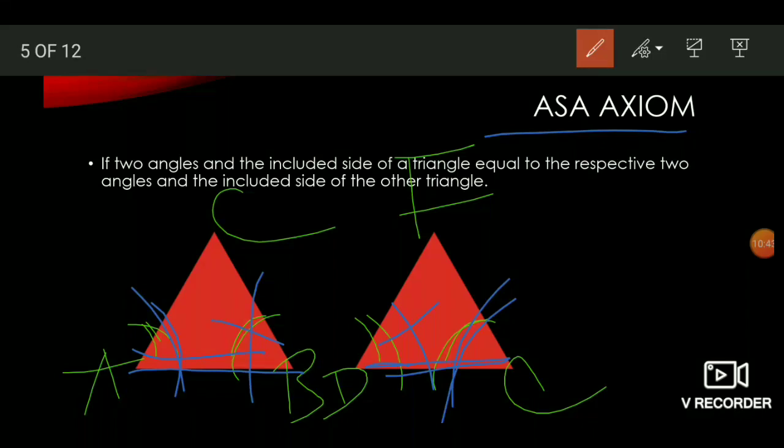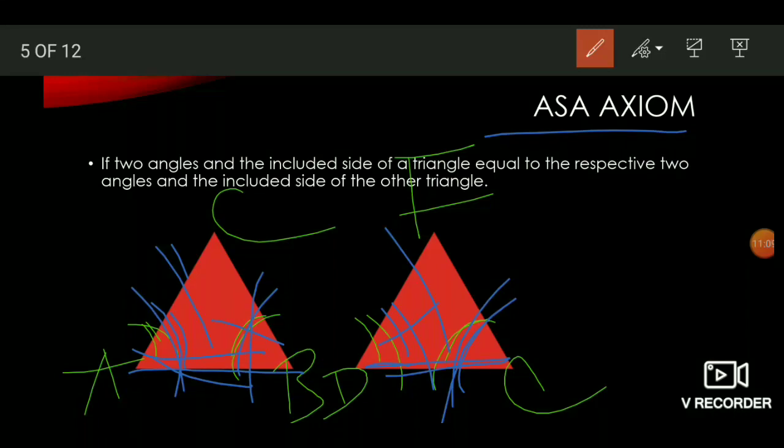Okay, if two angles are given equal to the respective angles, and this side is given equal to this side, where the side is not the included one, then we can't say by ASA that these triangles are congruent. Now let's move on to the next slide. We can see that this side is given by the AAS. By AAS we can say that these triangles are congruent.